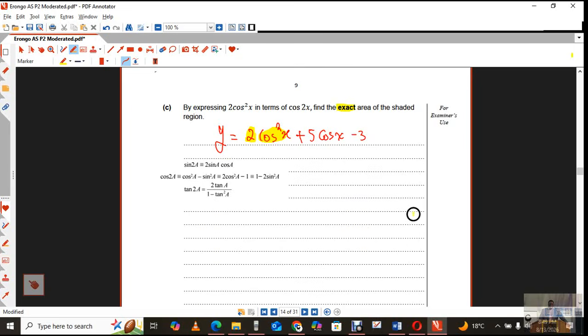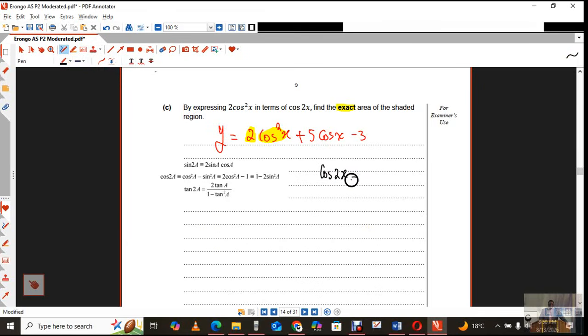So if you look at the double angle of cos, I'm going to take the one that includes cos squared A, because that's what I'm looking for. So I'm going to pick this one here: 2 cos squared x minus 1. This is what they are identical to.